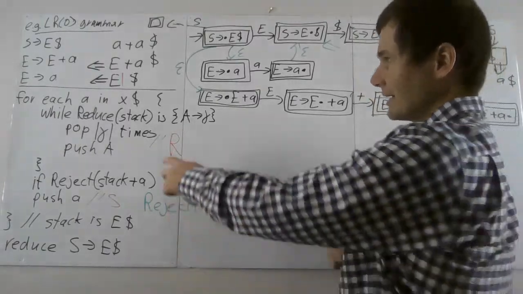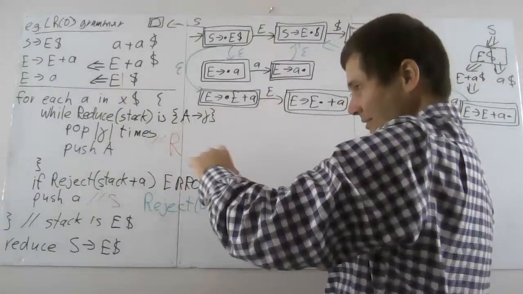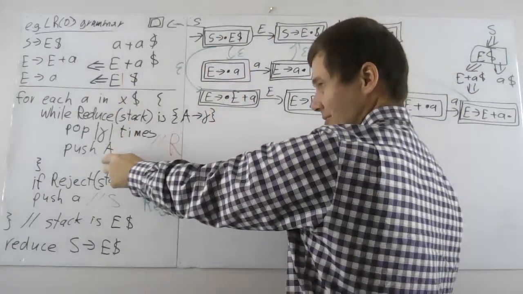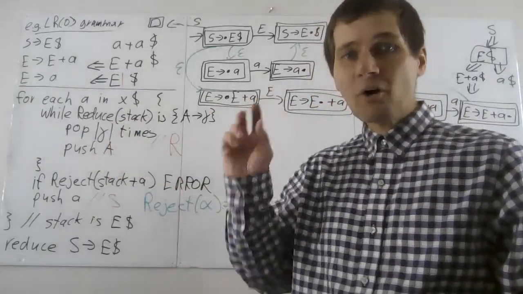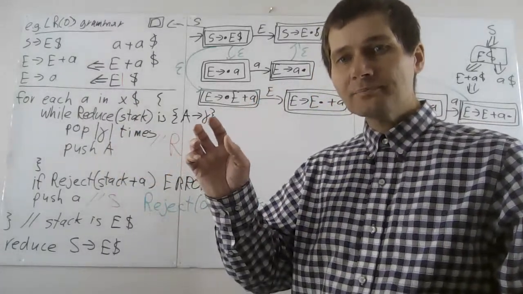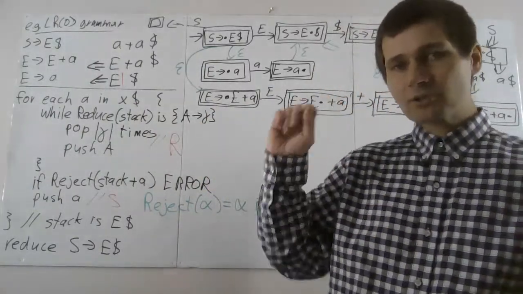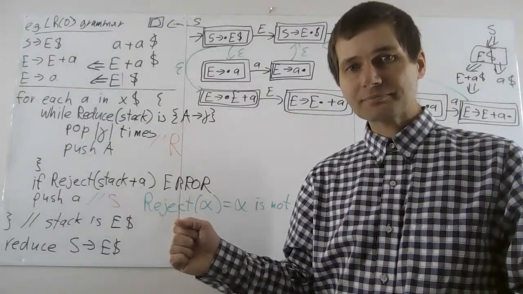Here, we were also asking whether beta A is a viable prefix, and beta A is the new stack once you reach here. So we're only asking this viable prefix question about strings that ever show up as stacks in the algorithm.